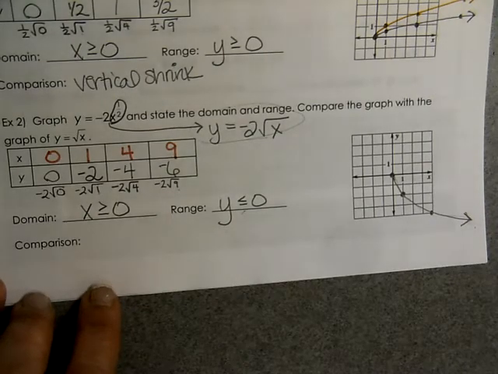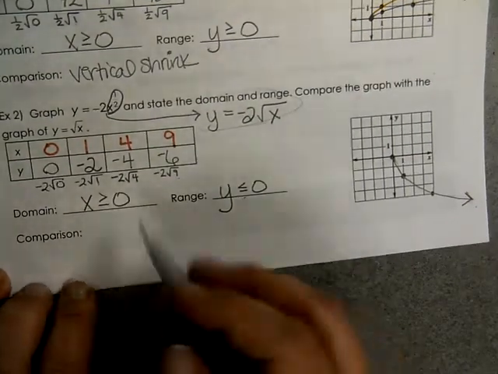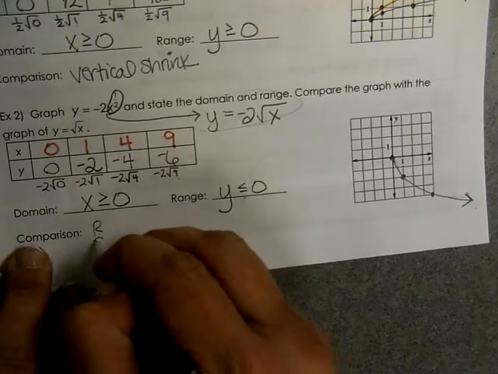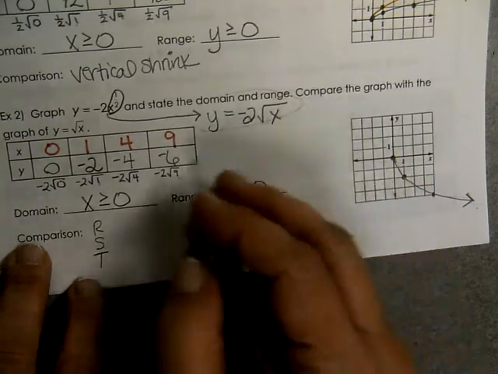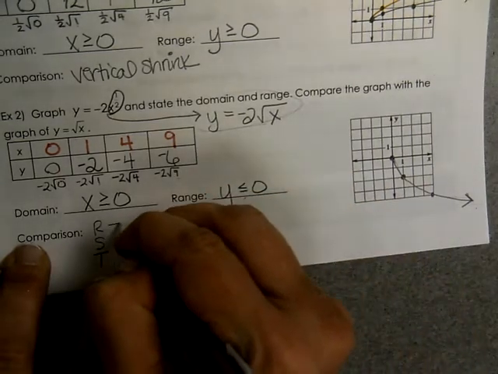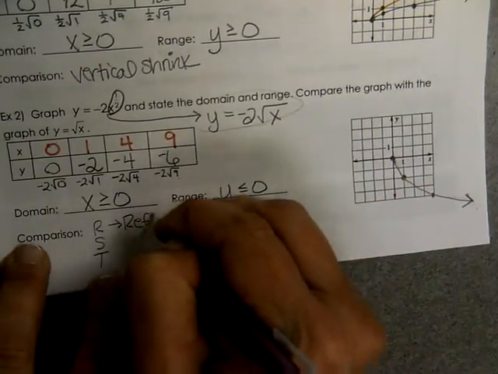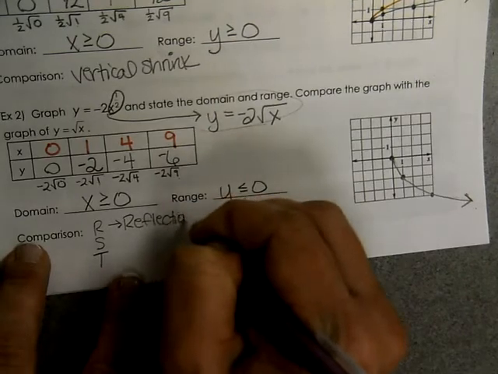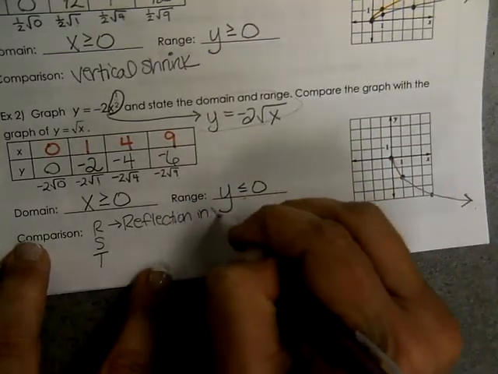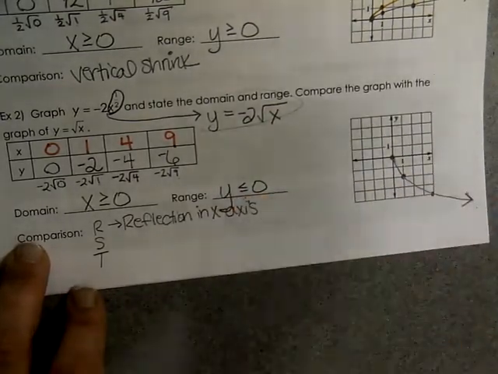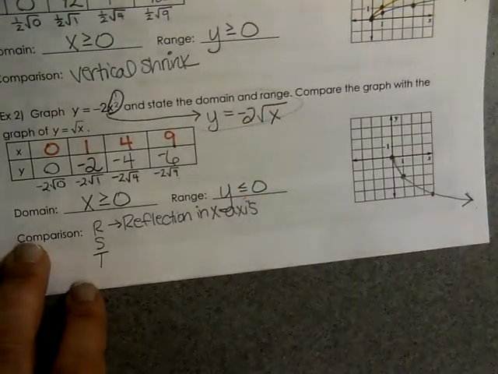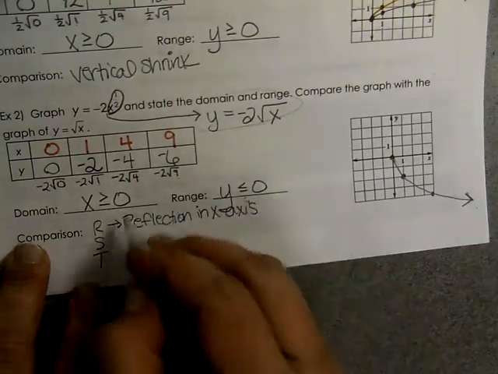So let's take a look at that then and think about the comparison. Remember, we think about RST. Because A is negative, that does mean that there is a reflection in the x-axis. Again, we should say that it's in the x-axis because you can reflect over lots of different things.